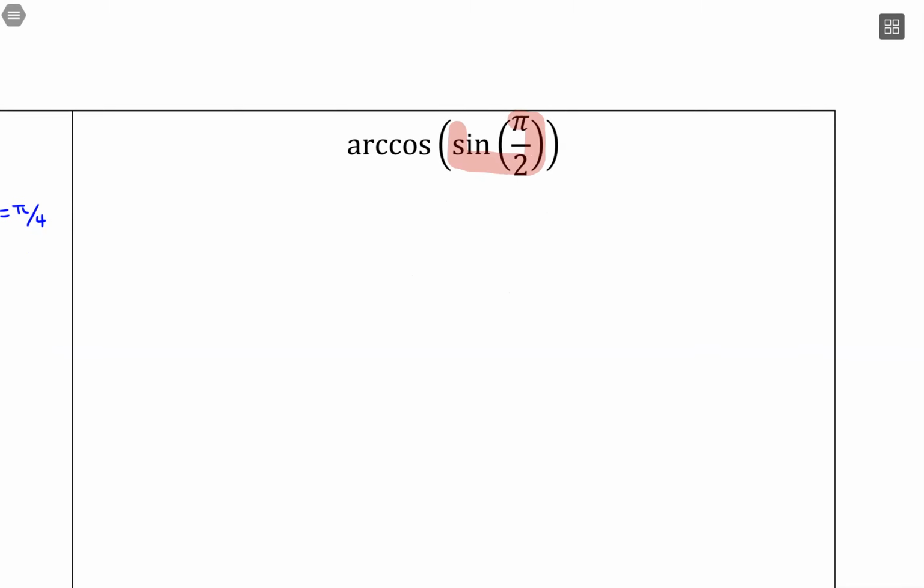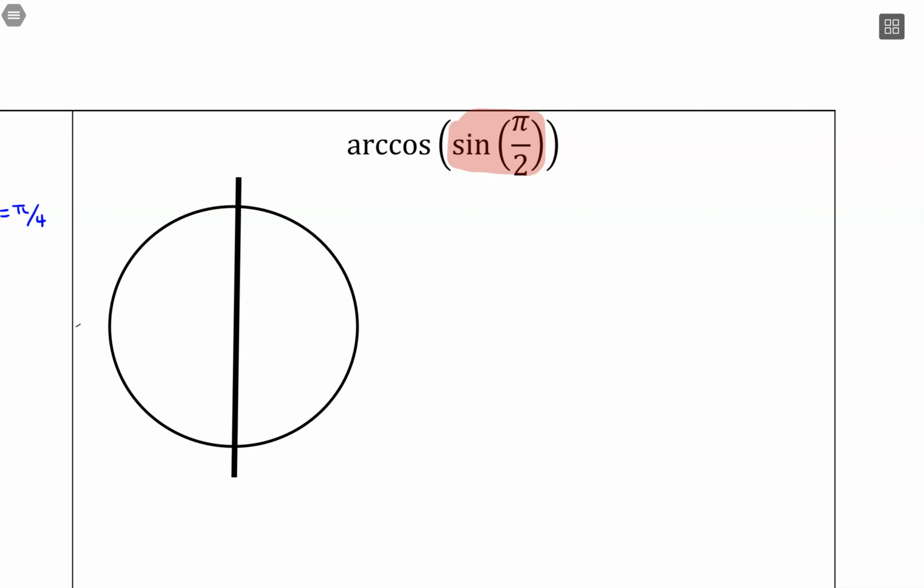So this one I'm going to look at sine of pi over 2. And I'm just completely ignoring that outside function for now. So sine of pi over 2. So what this wants to find is a coordinate. We're looking for our y coordinate since it's sine, and we're given an angle measurement.